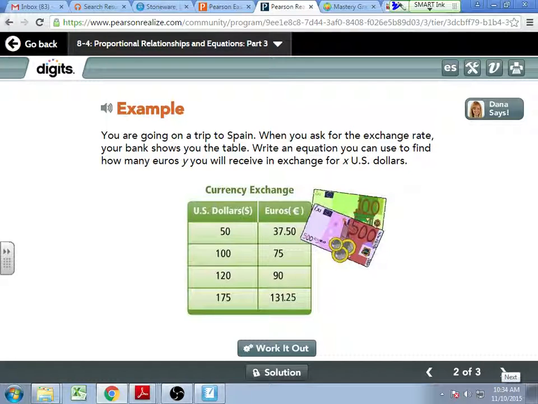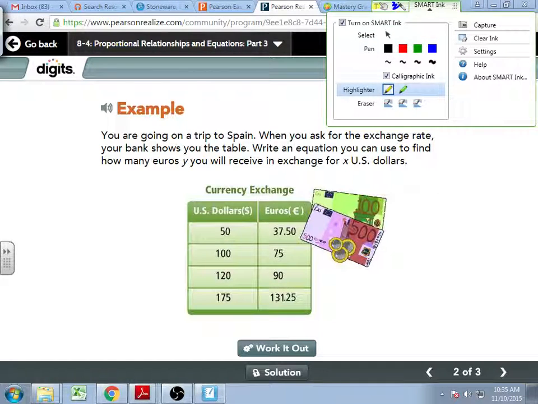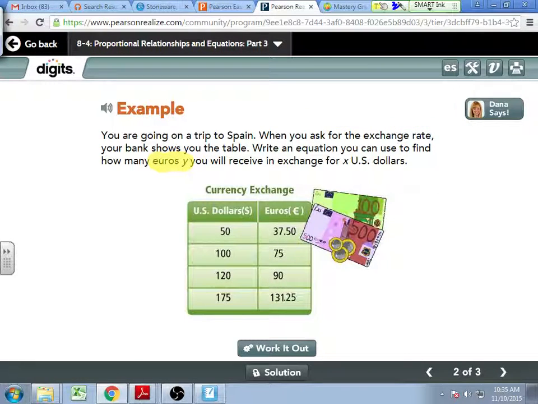The biggest mistake you're going to make on your homework is which variable goes with which label. Here, euros is my y, x is my US dollars. So my constant of proportionality is found by doing euros over dollars, euros divided by dollars.